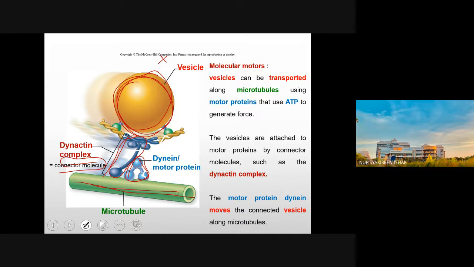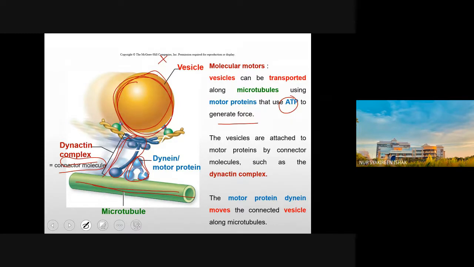Okay. So molecular motors, it says here vesicles can be transported along microtubules using motor protein that uses ATP to generate force. So it means that the movement of vesicles requires energy. So that's why any cells kan memerlukan ATP yang dihasilkan oleh cellular respiration. Okay, so this simple movement also requires energy.